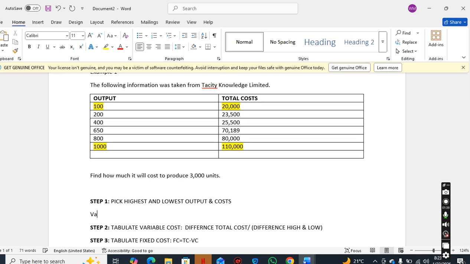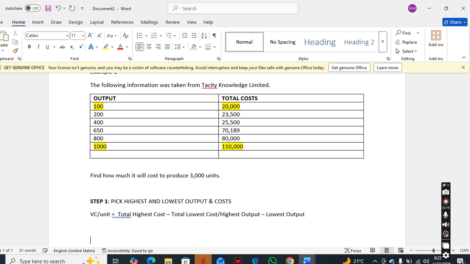Variable cost per unit, VC, equals total highest cost minus total lowest cost, divided by highest output minus the lowest output.